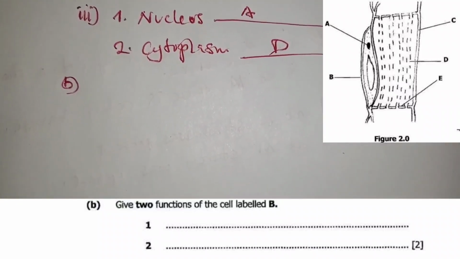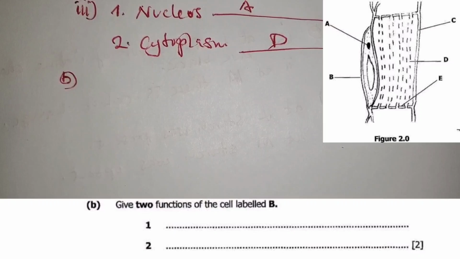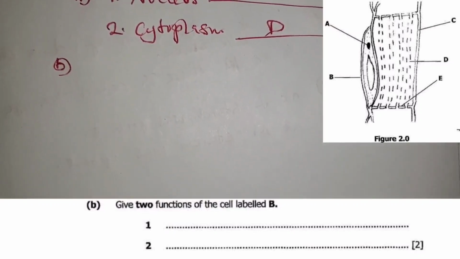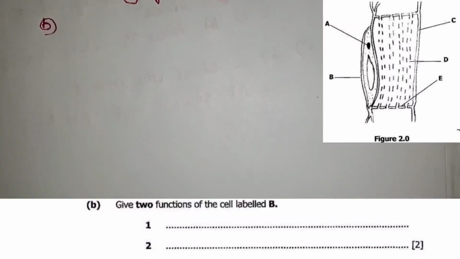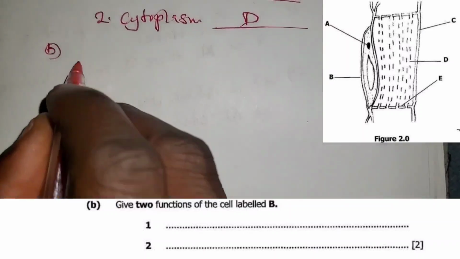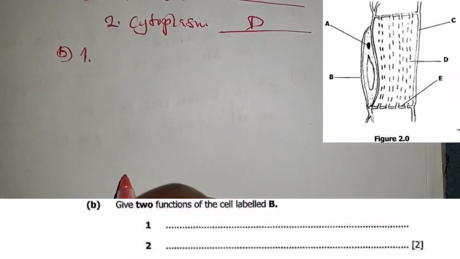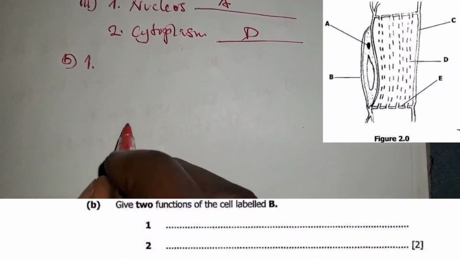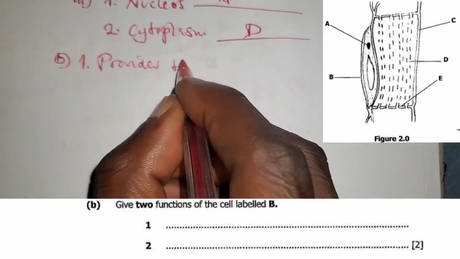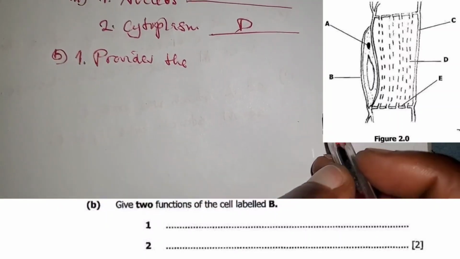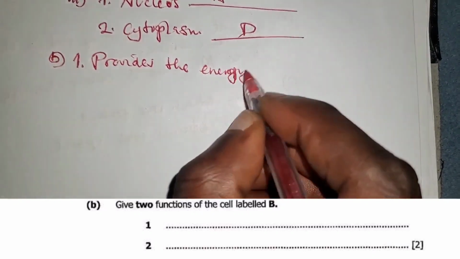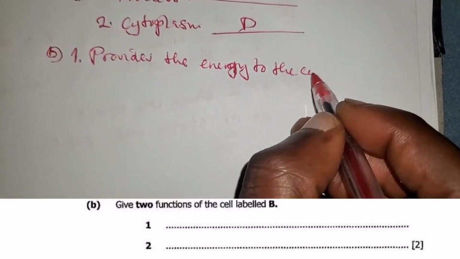Question B. Which letter? So give two functions of the cell labeled B, and the cell labeled B is the companion cell. So you can say, number 1, a companion cell provides energy to the cell.